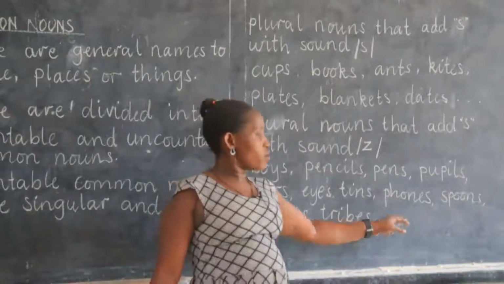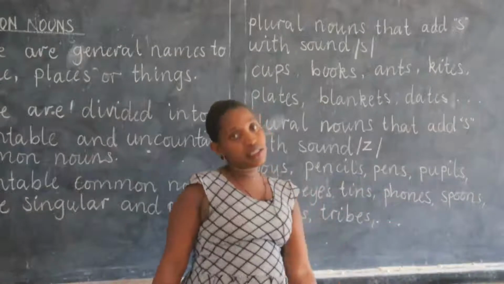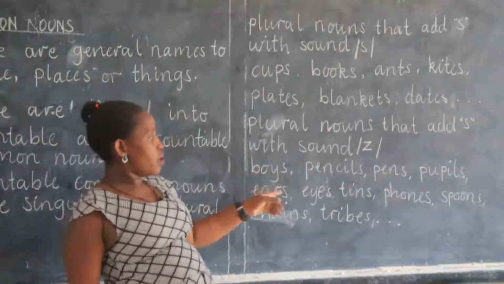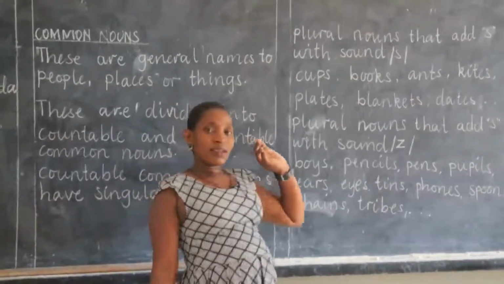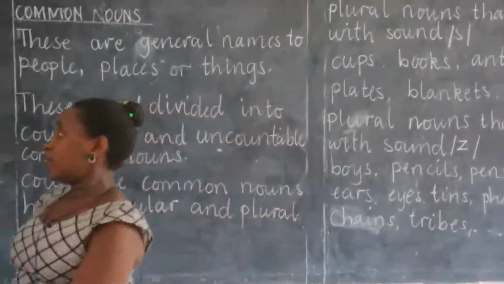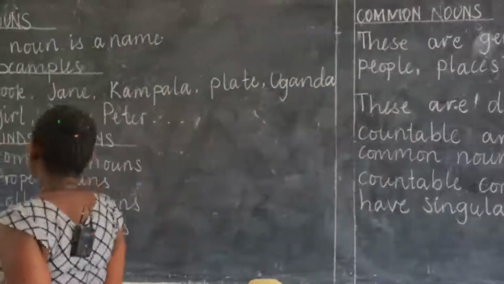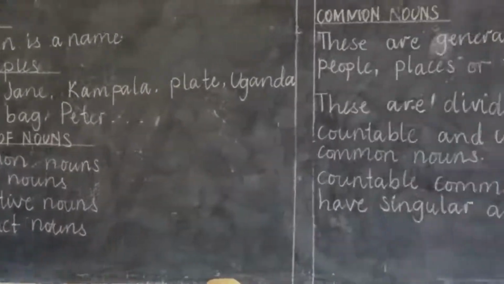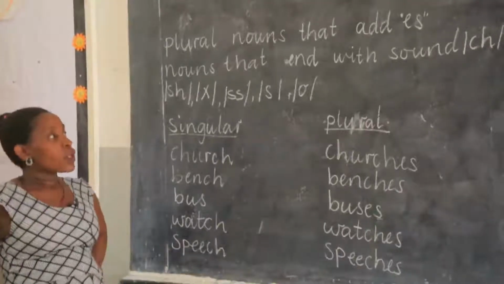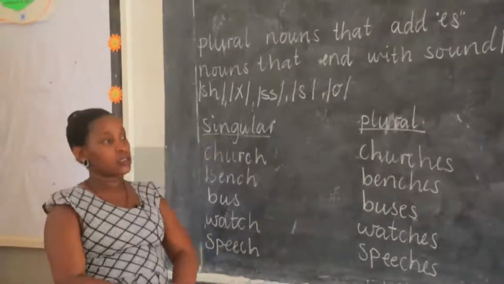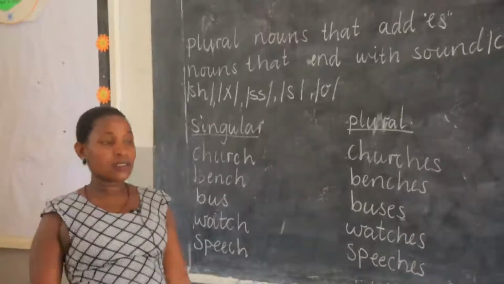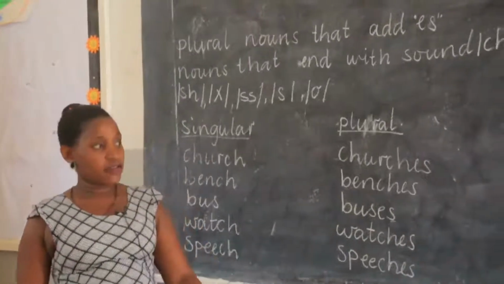Whenever I put three dots, that means the list is still continuing. So I've said when you come to plural nouns, we add s, es, and very many others.